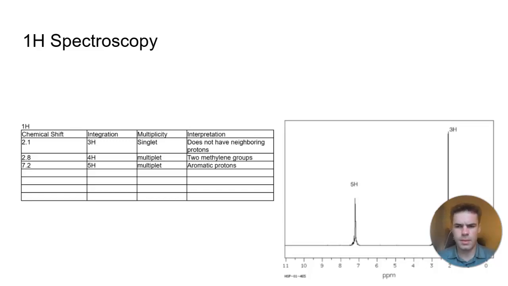It seems like they overlapped and created that group of methylene groups, that being two methylene groups, and created the 4H integration that is present on this spectrum. And then at about 7.2 ppm, the chemical shift, there's a 5H integration, and this was a clear indication of aromatic protons.